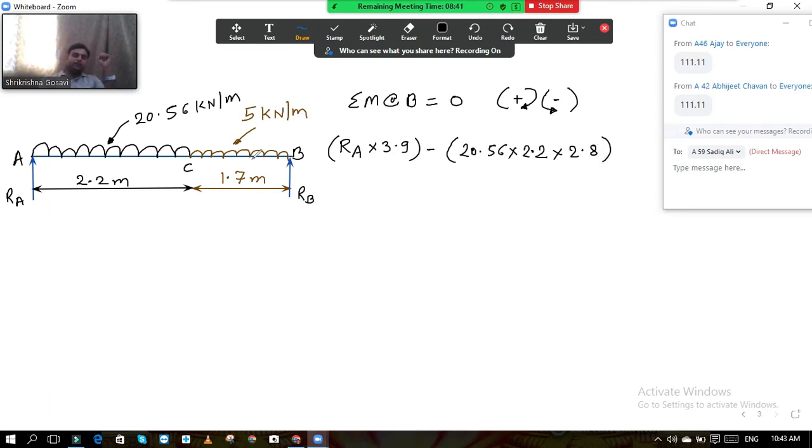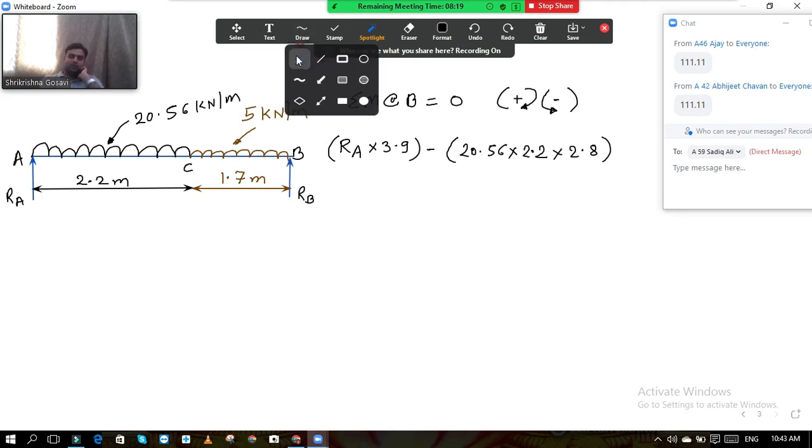Now next is this UDL of 5 kilonewton per meter. What is the length of this UDL? It is 1.7 meters. Again it is acting downward, so it will rotate in the anti-clockwise direction about this point B. If you see this, it is again rotating in the anti-clockwise direction.